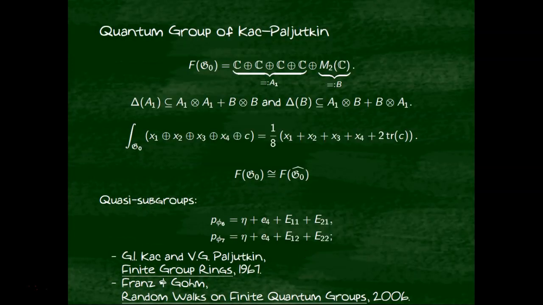What else have we got? The star is just the normal adjoint, the conjugate transpose. The antipode is actually the transpose. And I've given the Haar state, so that's pretty much everything about it. The other famous examples are something called the cyclic quantum groups, where you get, I think, n squared of these, and then another family.